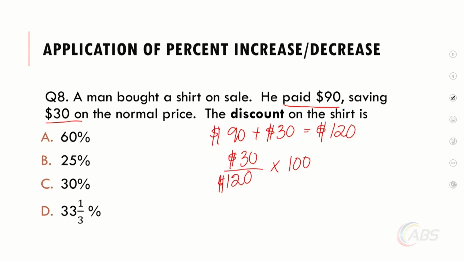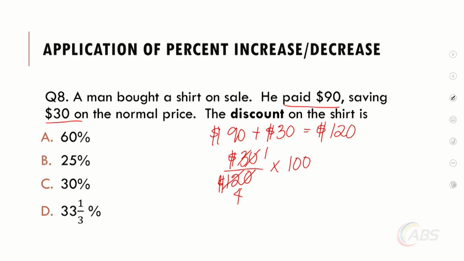Okay, so what we're going to do is divide 30 and 120. Well, we can even cross off the zeros. Just cross off the zeros, and now we have 3 over 12. And we know that 3 can go into 3, and 3 can also go into 12. 3 goes into 3 once, and 3 goes into 12 4 times. So what we have left here is 1 times 100, and it's over 4.